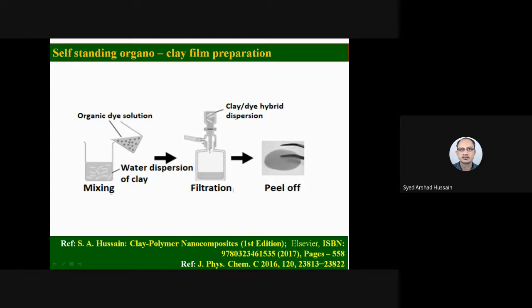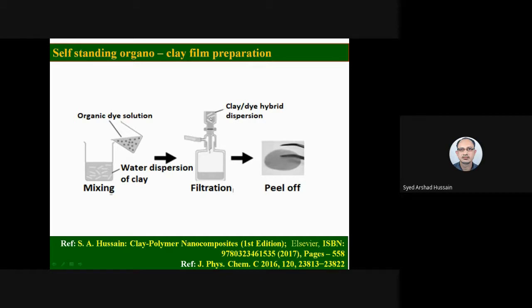Then we use this suction system. There is a membrane, a cellulose membrane kind of thing, say of nanometer order pore size. Then we put this mixture here and we suck using a vacuum pump. And on the membrane, the film forms.